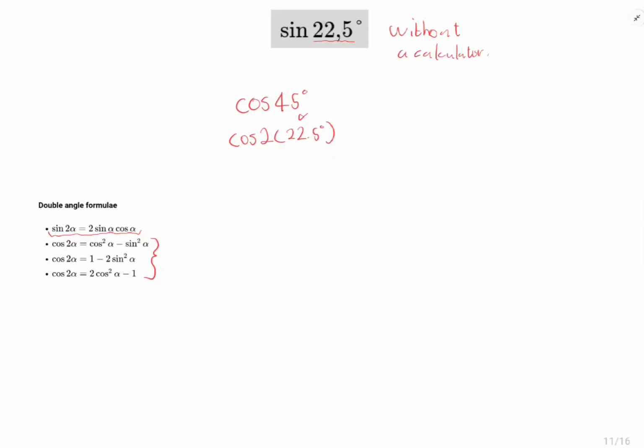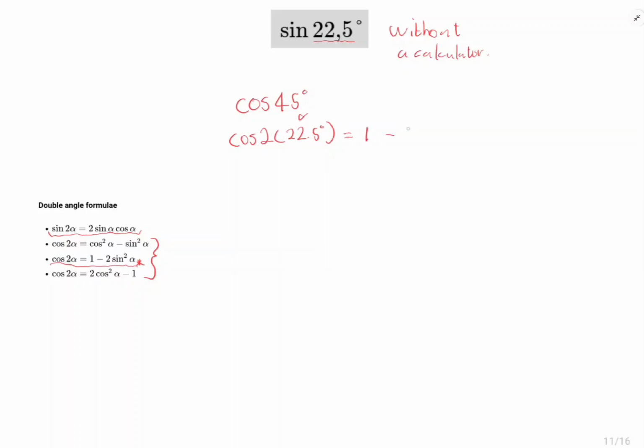So we want to use a formula that only has sine, to make things much easier to isolate that sine. And we can tell that it is going to be sine 22.5 because of this angle over here. So which one only has sine? It's this one. Remember, we're working with cos 2 angle. So yes, let us go ahead and do that. Let's expand this out and use this formula.